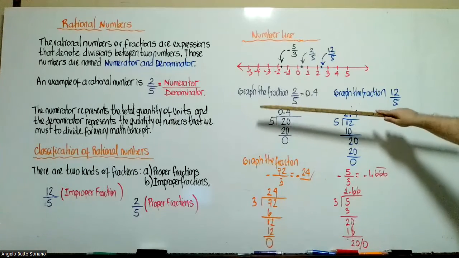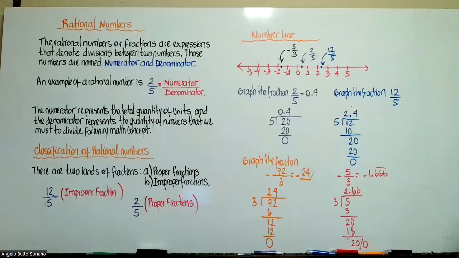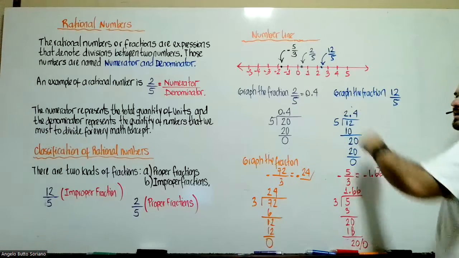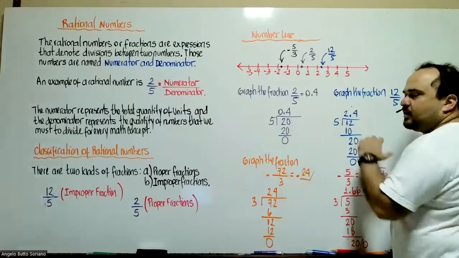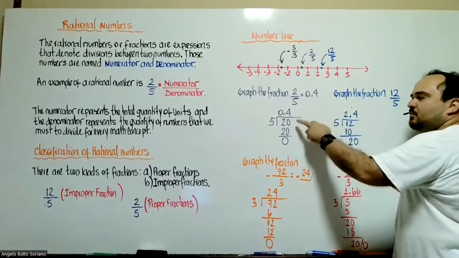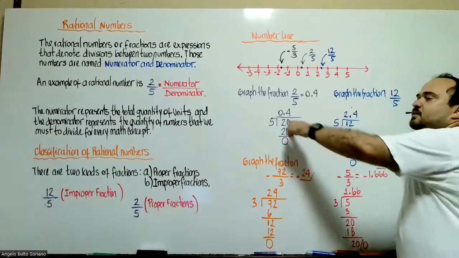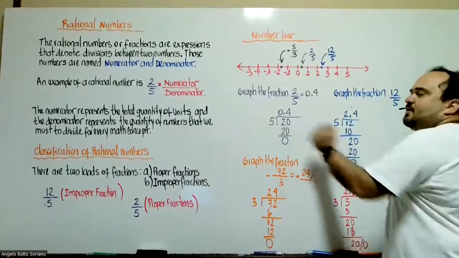Imagínense, si yo quiero representar una fracción, como por ejemplo 2 quintos, en la recta numérica, muy sencillo, lo único que usted tiene que hacer es dividir la cantidad 2 entre 5. Pero como el 2 es inferior al 5, usted conoce que podemos agregar un 0 en el dividendo y 0 en el cociente para poder incrementar ese valor.